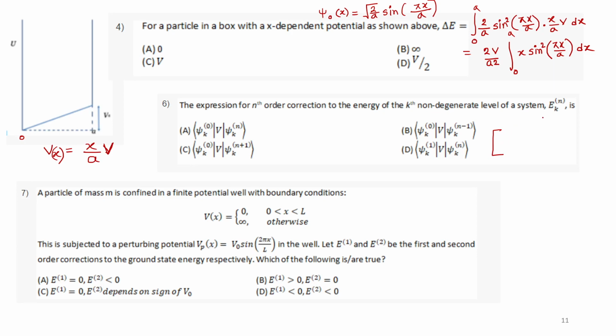Where we'll get x times the integration of sine square pi x by a dx. So I will take the 2 inside.